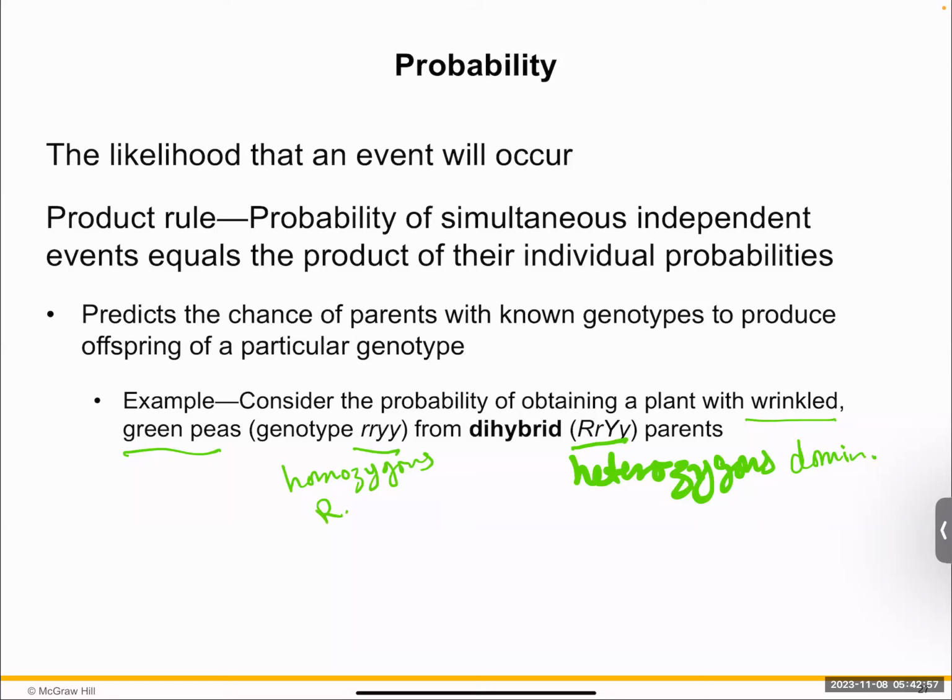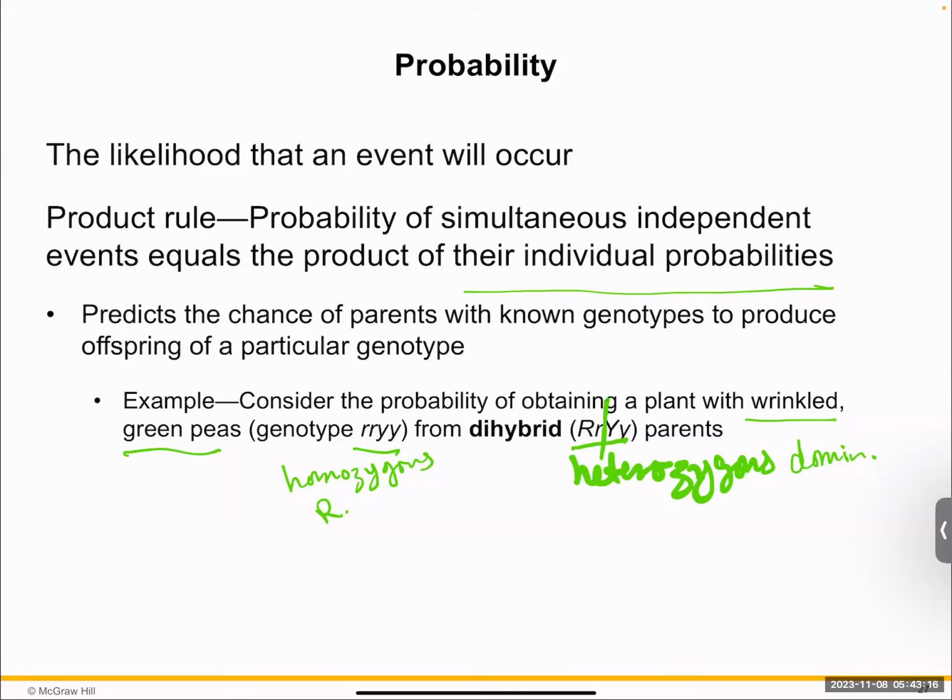So from dihybrid parents, we can separate each of these traits from each other. Notice what it says: the probability of simultaneous independent events equals the product of the individual probabilities.